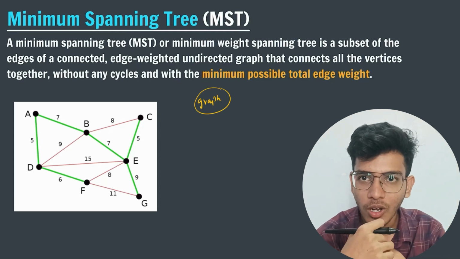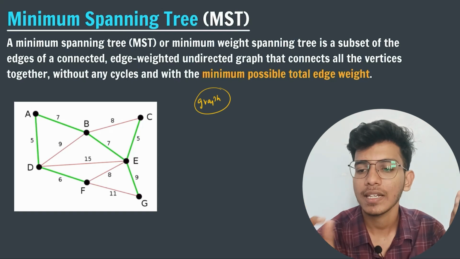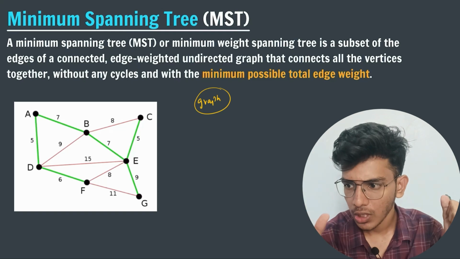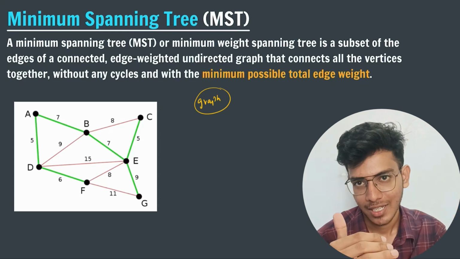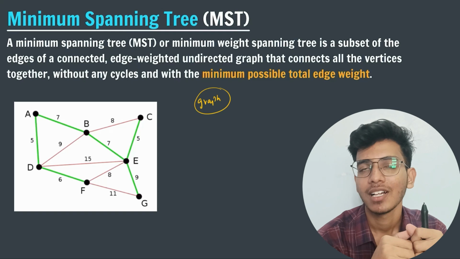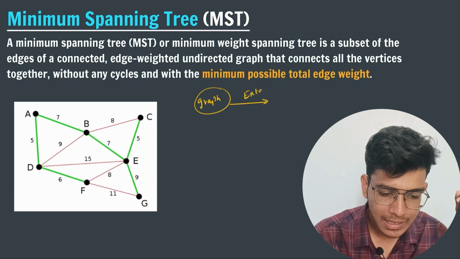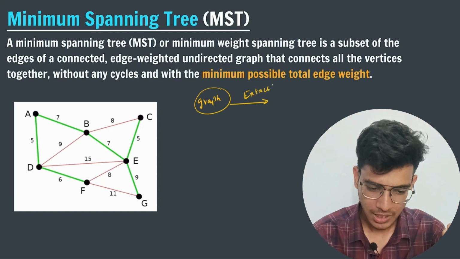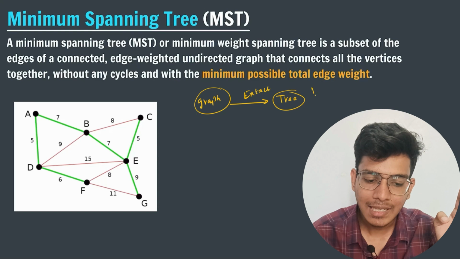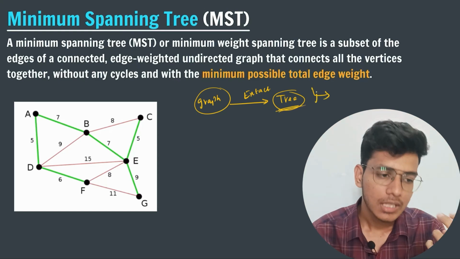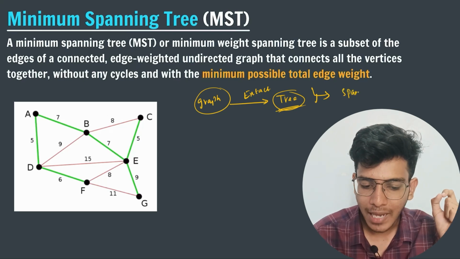Now my goal, I'm saying this in layman's terms, right? The basic definition of a spanning tree is that you have a graph, and whatever the graph you are having, if you want to convert it into a tree, then it is basically known as a spanning tree. So if you want to extract the tree out of it, whatever tree can be formed out of this graph, then the tree structure you get without any loops, without any cycles, is known as a spanning tree.